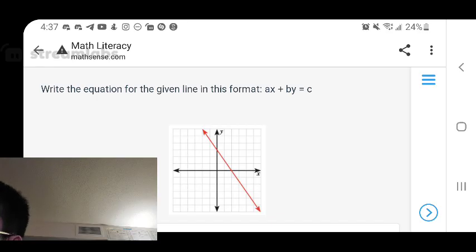It rises down 3, and then it runs 2. 3 halves x. Should I just put 1.5? No, wait, 1.5x plus 1 plus y is 3.